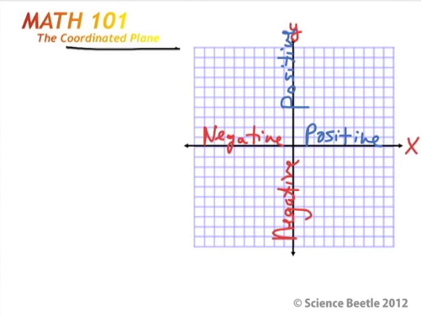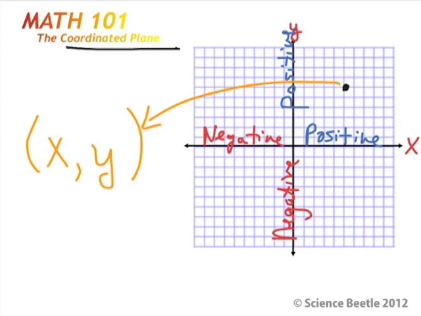Now, the thing that we haven't talked about yet is what these points are called. Whenever you take a point on a coordinate plane, let's say this point here, it is going to have two values. Let me represent these two values over here on the side. The values are what we call a pair, and it consists of one x value and one y value.